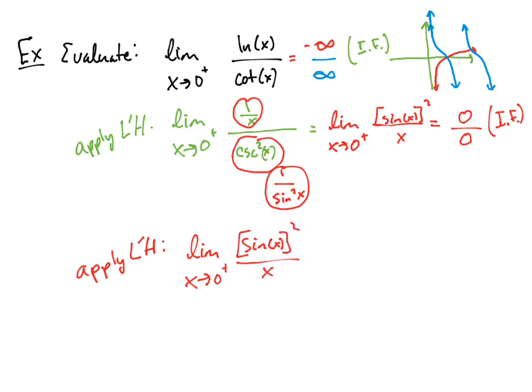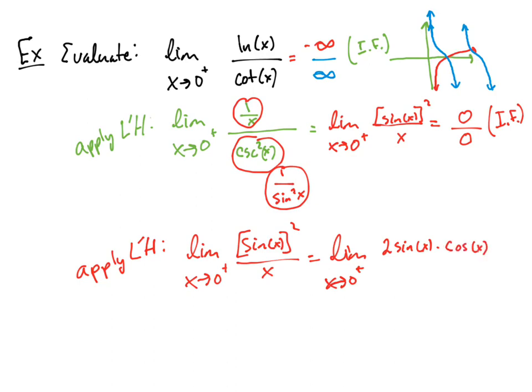Taking the derivative of the numerator and the denominator, the derivative of sine of x squared is 2 sine of x raised to the first times the derivative of sine of x, which is cosine of x.